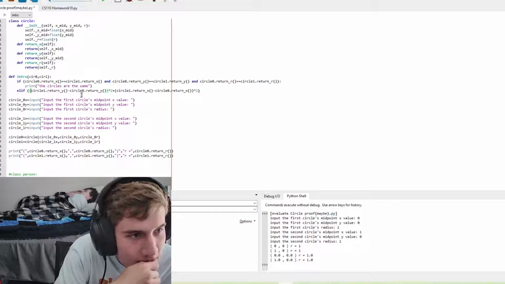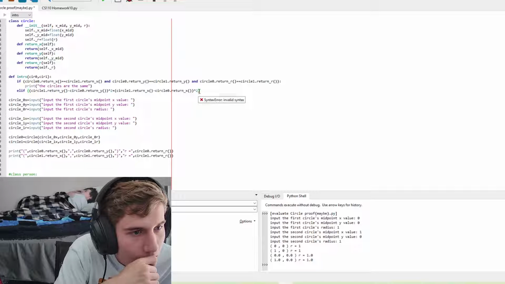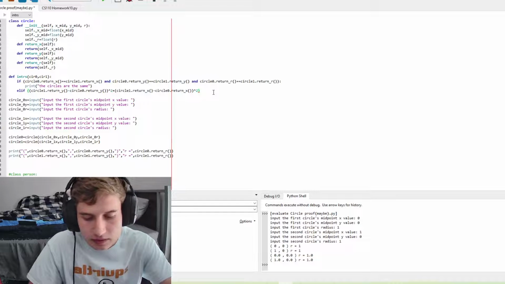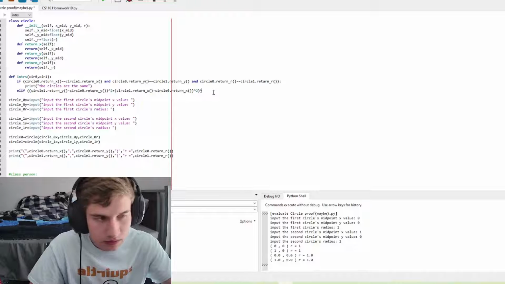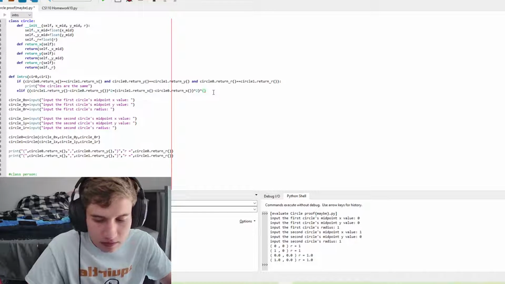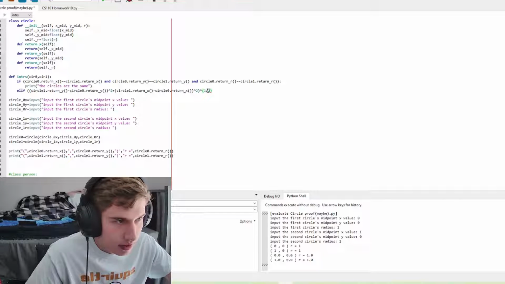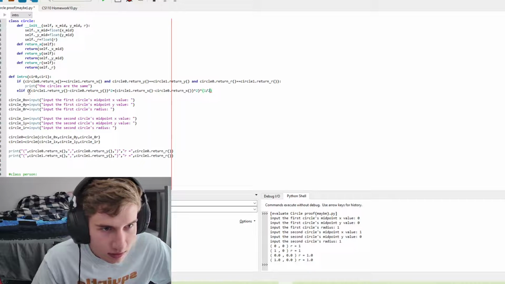If y2 minus y1 squared plus x2 minus x1 squared, to the 1/2, which should be the square root.